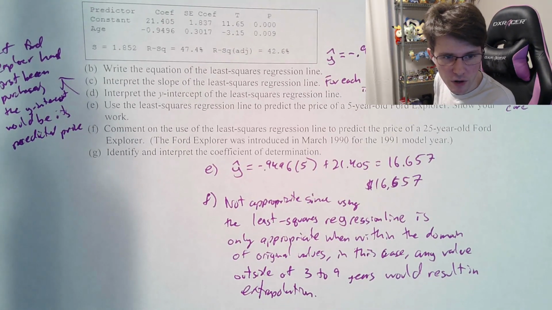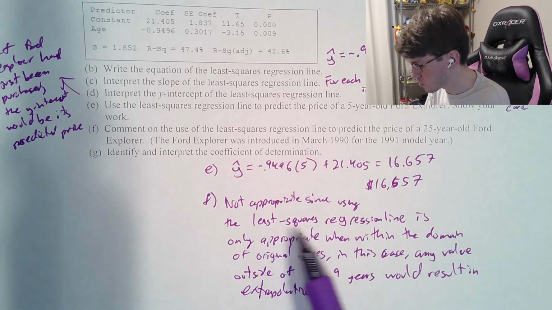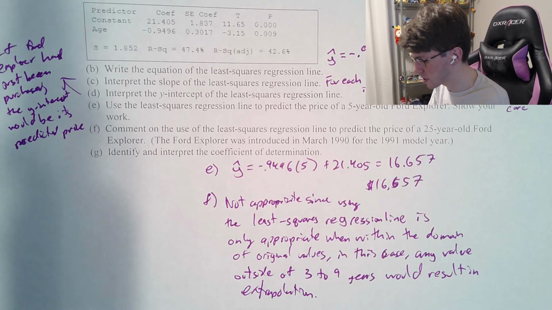Can't even read what I wrote there, so I went off the screen. So what did I write? Not appropriate since using the least squares regression line is only appropriate when within the domain of original values. In this case, any value outside of 3 to 9 years would result in extrapolation.